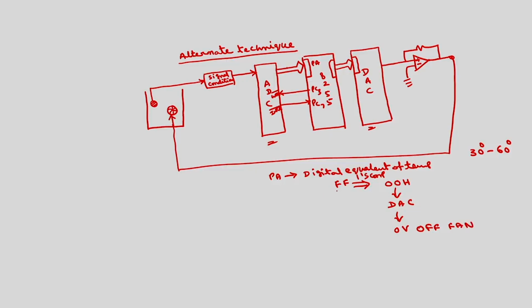On the other hand, if this is 00H, the digital equivalent 00H means the temperature is almost 0. So, I will again take the ones complement of this, so that it becomes FFH. This I will convert using the DAC, and we will get the maximum voltage, plus 5 volts, and this will run the fan at highest speed.